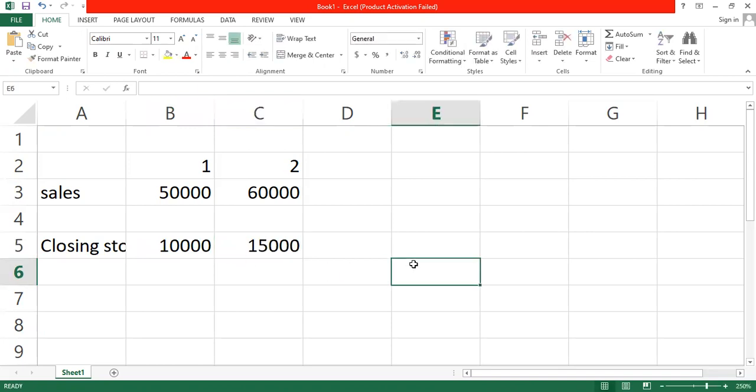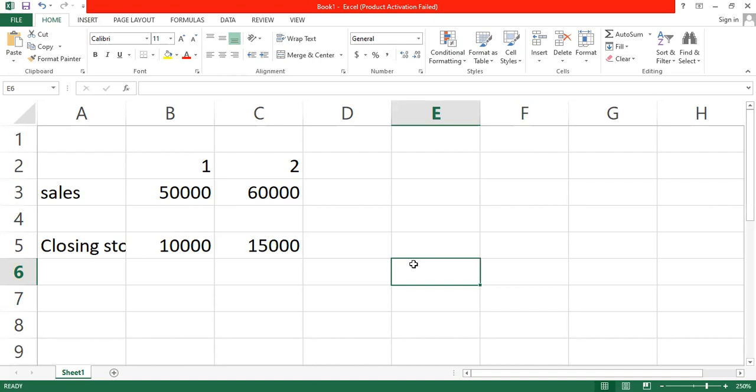So if you want to produce, how many quantities do you have to produce for month 1? You want to sell 50,000, and at the end of the day, we should have 10,000 left again. How many quantities do you have to produce? 60,000. What of month 2?